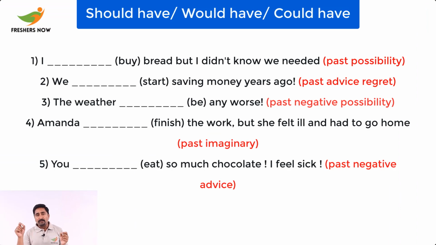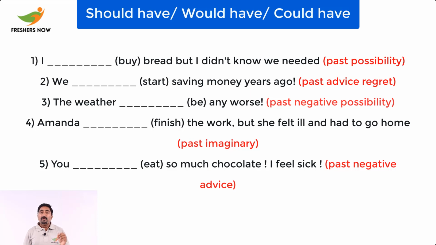The first sentence has a verb in braces, and you can understand that it is about past possibility. Now let us see the other one. We say, start saving money years ago. So now you can understand how to use it, that it is a past regret.